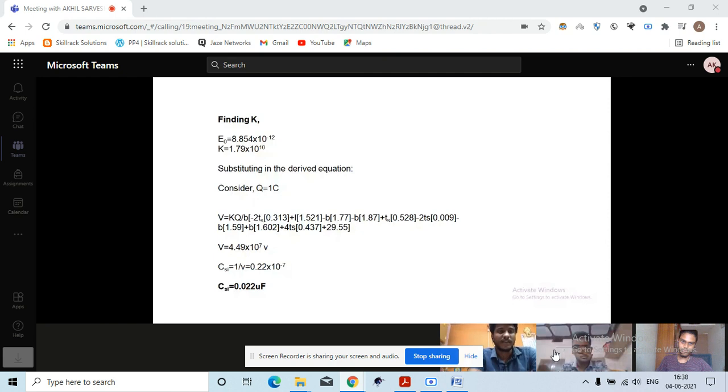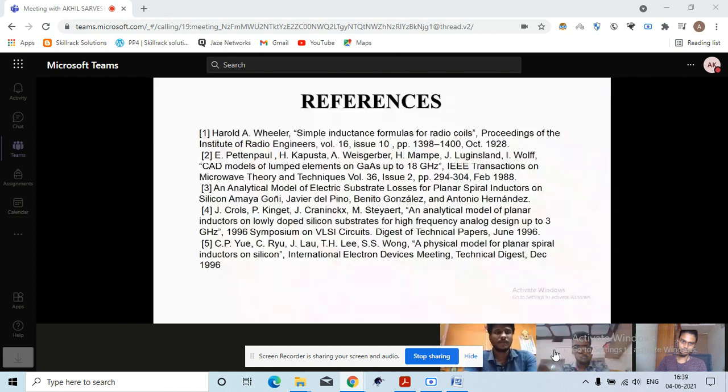In that expression, putting Q as 1 coulomb, we get it as 1 by V. So 1 by V is 0.22 microfarad. Next page. The previous value is 0.29, and here we got 0.22 microfarad.